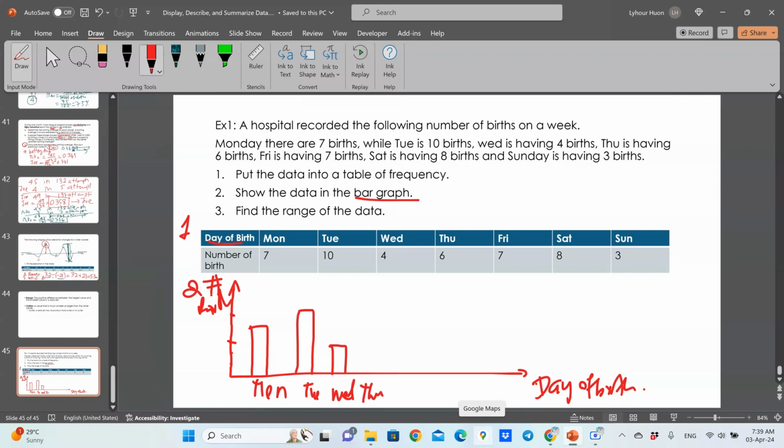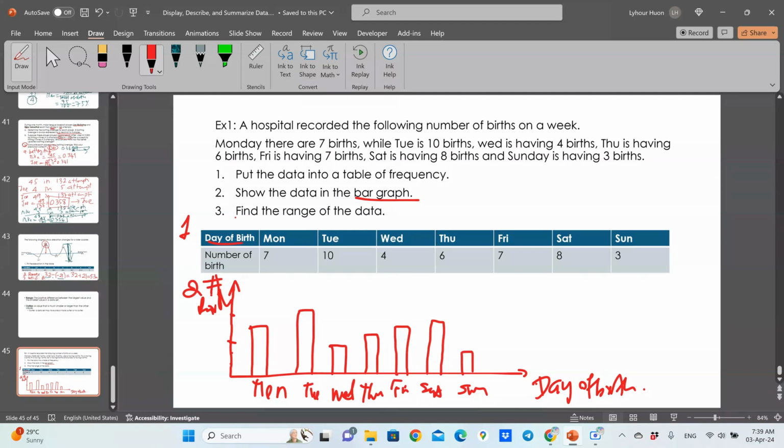Thursday is 6, so that should be here. Friday 7, this should be here. Saturday is 8, this much. Sunday 3, only this much. So here is the bar graph for number 2.